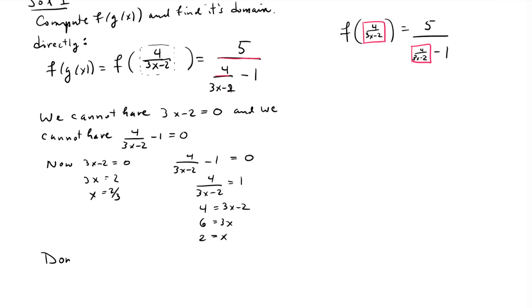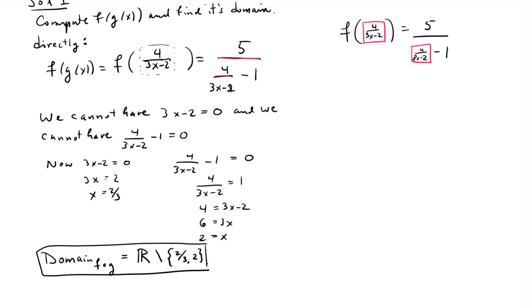So I'm going to write the domain of f∘g. Remember, we put f∘g as a subscript to the abbreviation dom, or you can just put domain. So the domain of f∘g is the set of all real numbers, but remove the values 2/3 and 2. And that's the answer. And that's the solution I actually prefer.